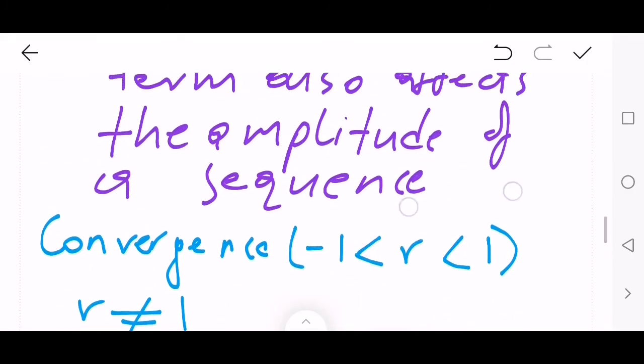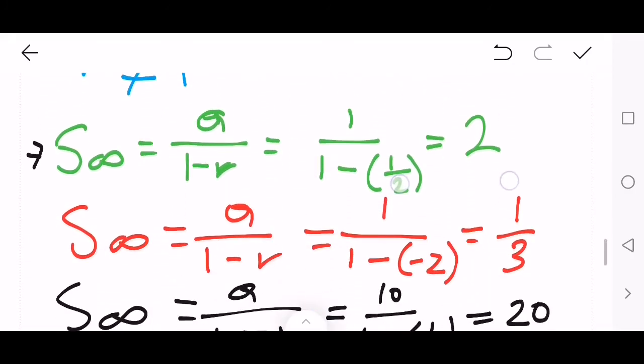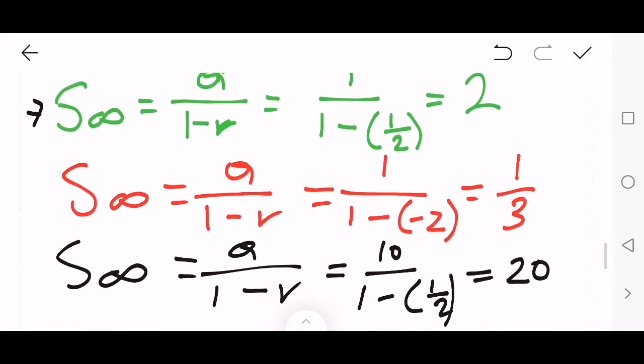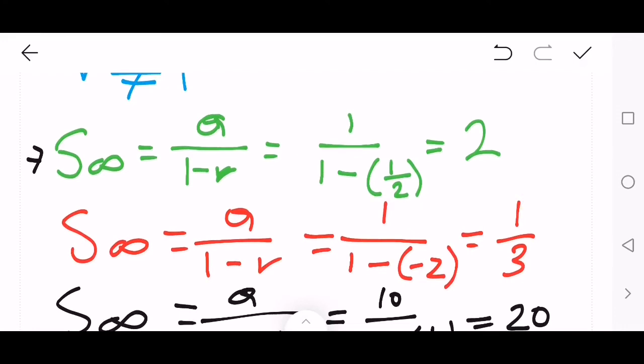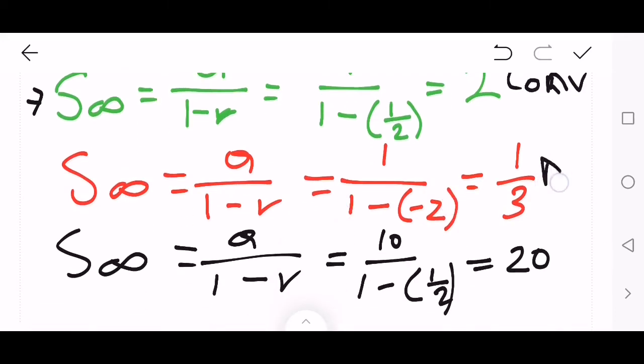We have already seen that for the sequence with the constant ratio of 1/2, we get convergence, and for this one we get divergence.